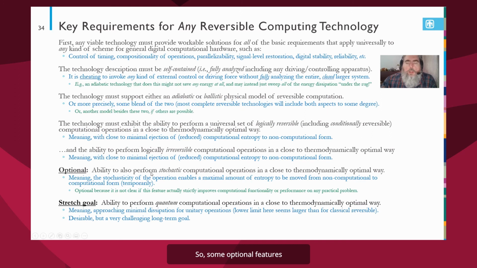Some optional features are the ability to do stochastic operations, although it's not clear that that actually helps algorithmic asymptotic complexity for any problems. And then of course it would be really nice if we could also do quantum computing in the same technology, but I think that's a very long-term goal.